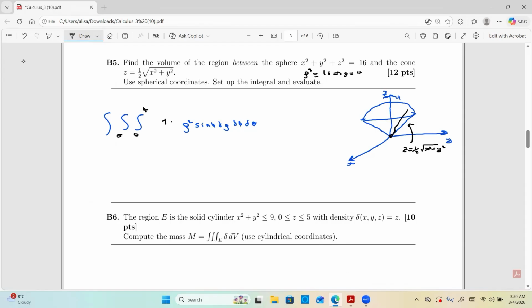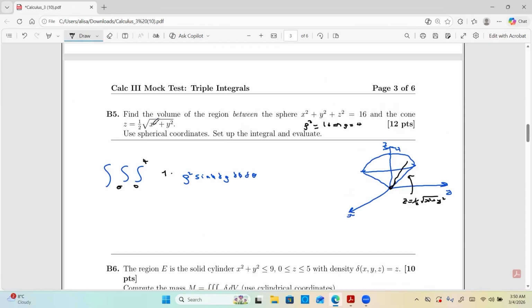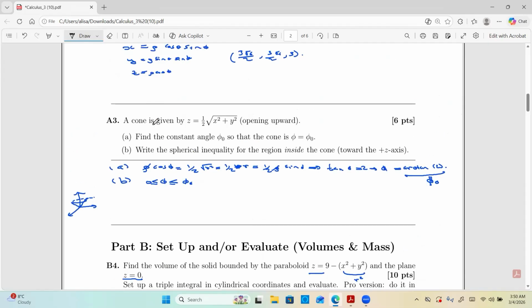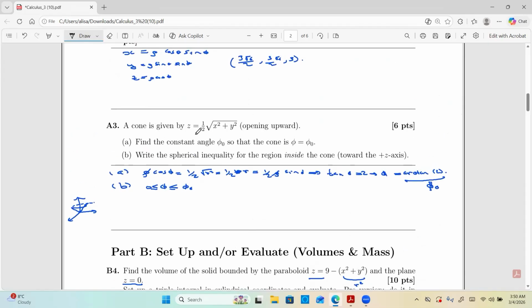I believe we've probably solved this in the previous question. So let me just show you again. So the conversion we did here, we found that the corresponding angle is over here. It's phi equals phi naught, and phi naught is arctan of 2.